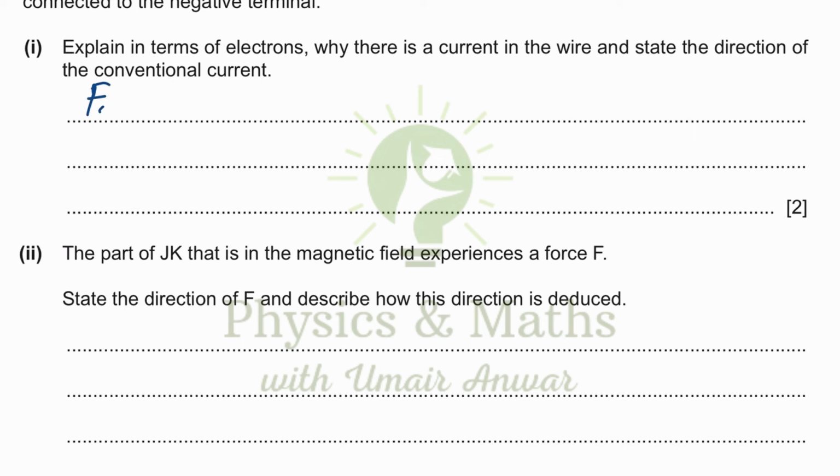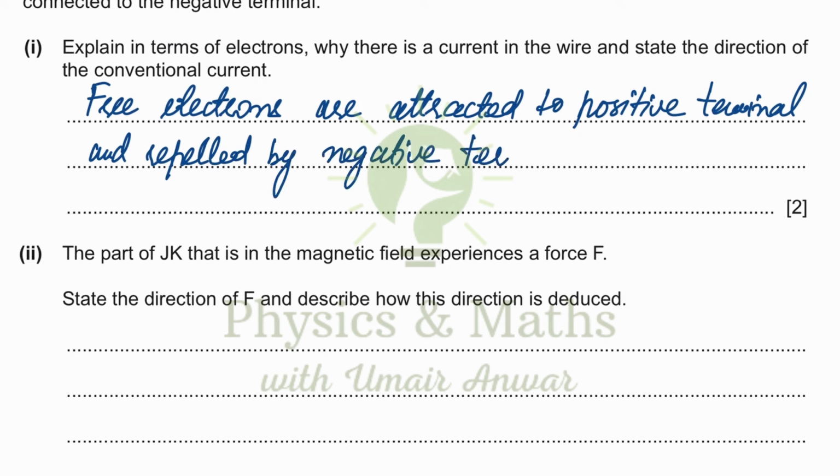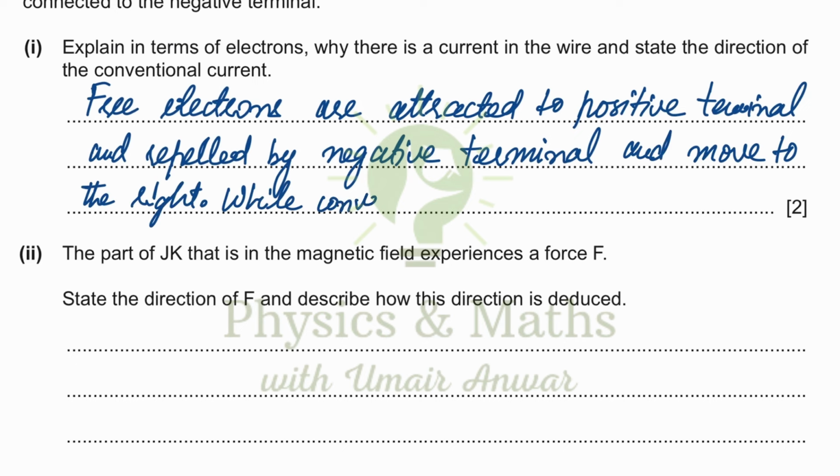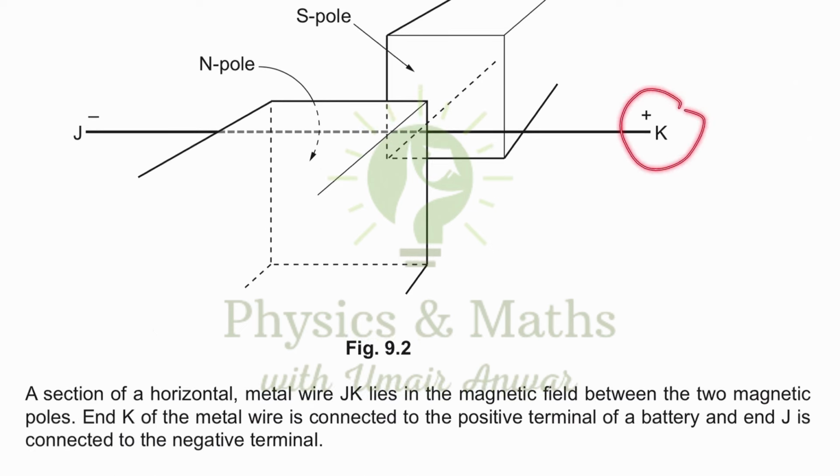So I'm writing: free electrons are attracted to positive terminal and repelled by negative terminal and move to the right, while conventional current flows from K to J. Since K is at positive polarity and J is negative, the conventional current would flow like this.